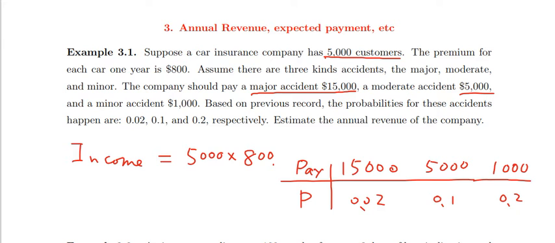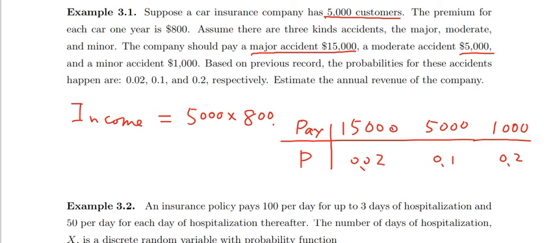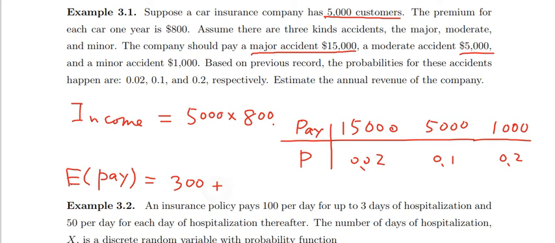Okay, so we can find the expectation, or we can say the average payment for each car. That's the expectation for this payment: this times this, I think it's 300, plus this 500, then there's 200.